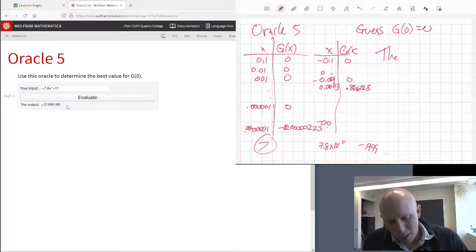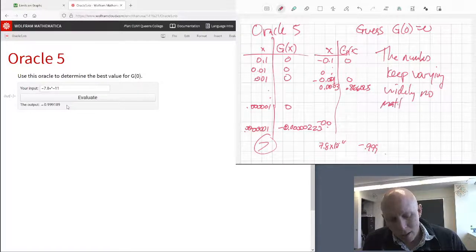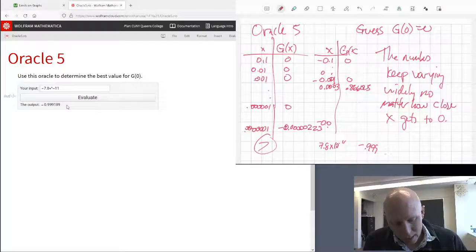The numbers keep varying widely, no matter how close x gets to 0.